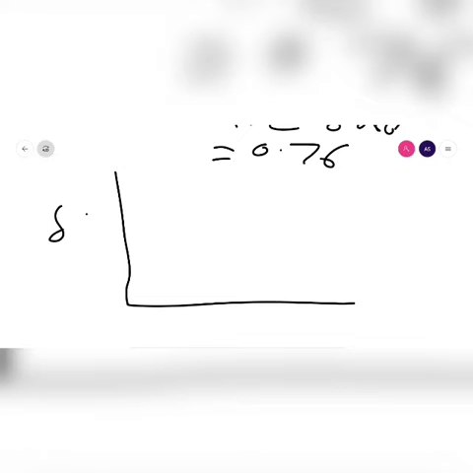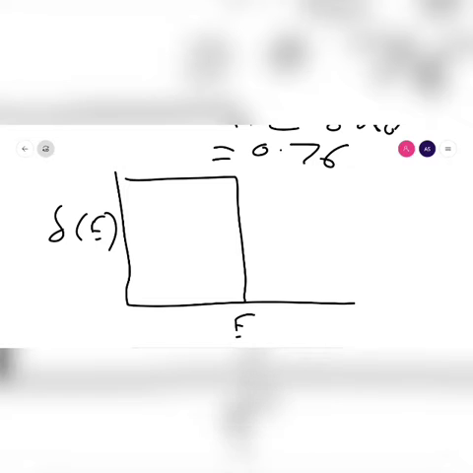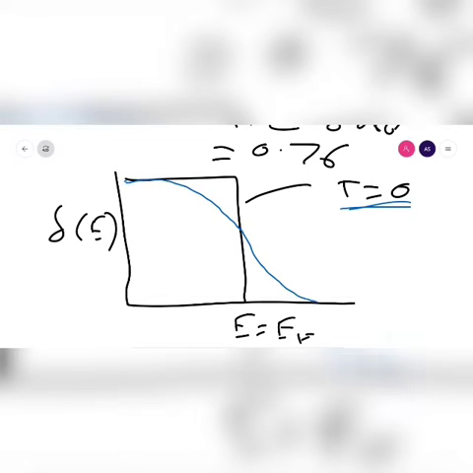How to sketch it? You know very well, that is the Fermi occupation. E is equal to EF at T equal to 0 Kelvin. Now at room temperature, 300 Kelvin, you know this value here.